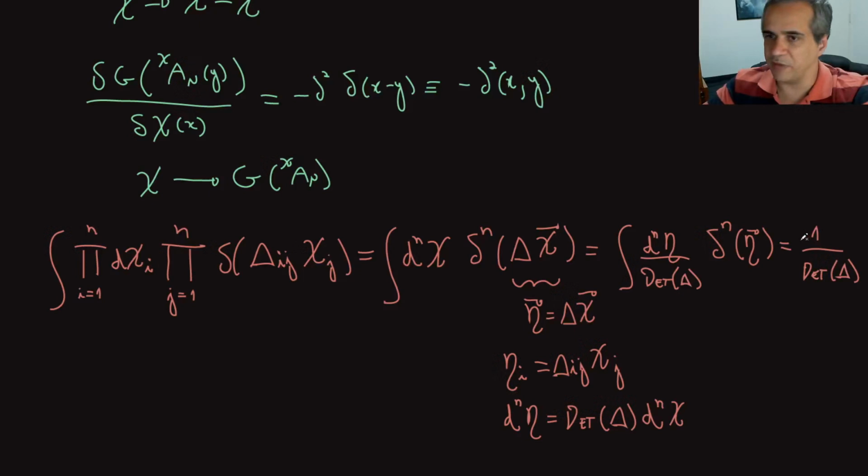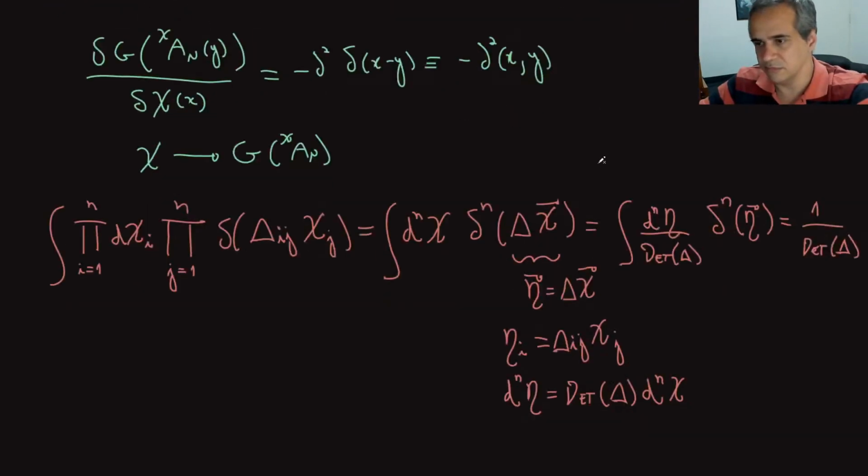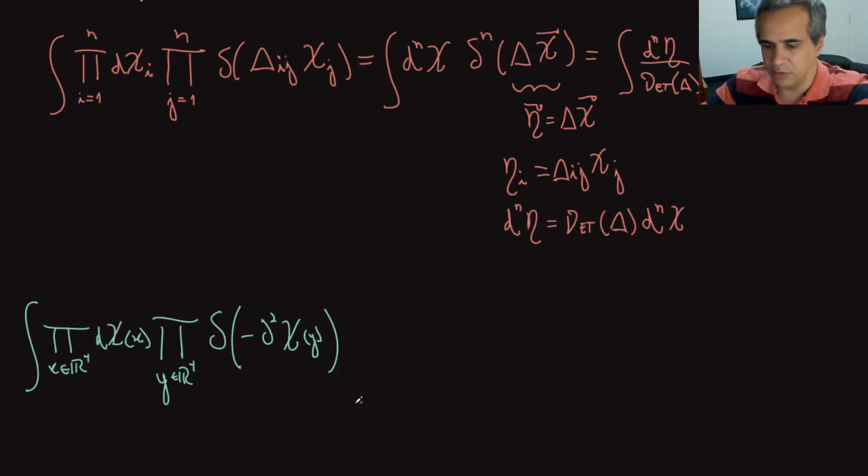So the equivalent thing up here is to write this integral, it's just the continuum limit of the same thing, this integral, as 1 over the determinant of the operator that is acting here.